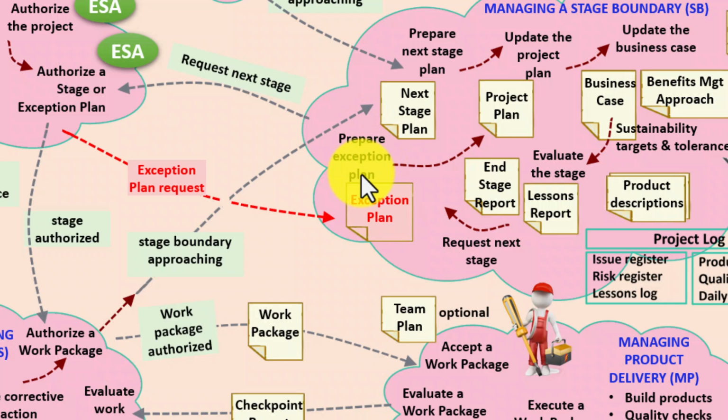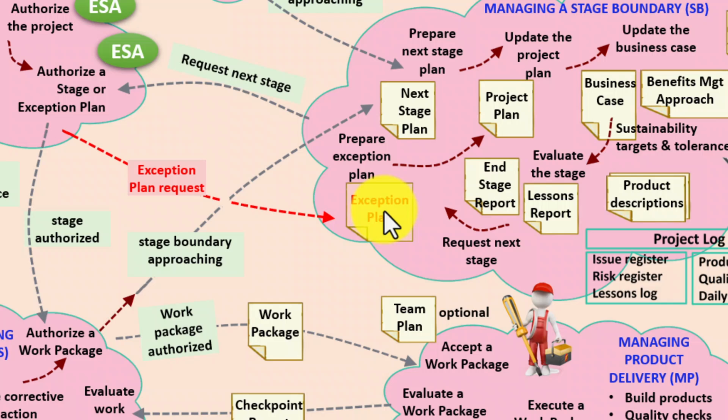But, and this is important, just like a next stage plan, this exception plan, which is at stage level, we now need to feed that into the project plan and update that, look at the bigger picture. We need to update the business case to make sure that's still viable, and so on and so forth. All of these also. But this time, all we're saying is we now want to approve an exception plan, not a stage plan, because we never got there.